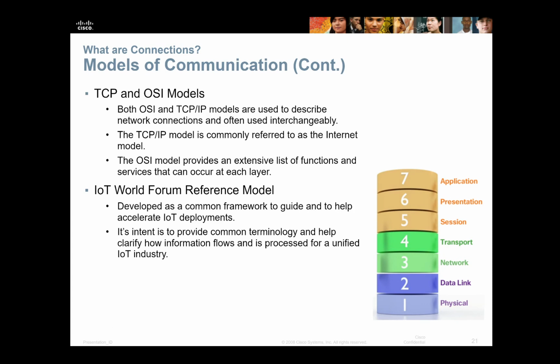TCP/IP is basically how the internet works. The OSI model is more of a general level. It doesn't actually give you any protocols or something like that. It just defines these different layers. And then there is the IoT World Forum reference model too.